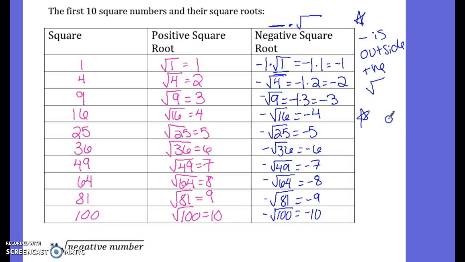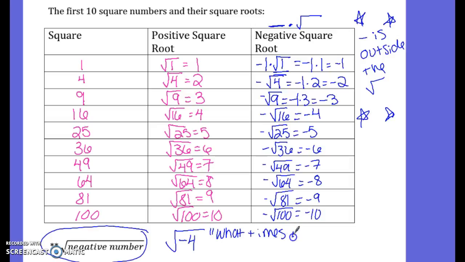Now, I just said it's so important that this negative is on the outside. Well, what happens if it's on the inside, like the square root of -4? Well, if you ask yourself, what times itself is -4, you might think, oh, -2.